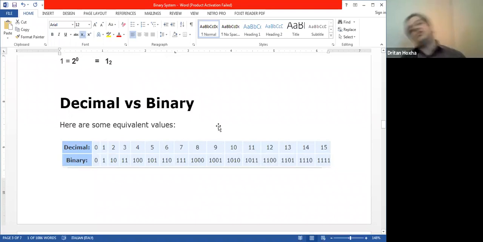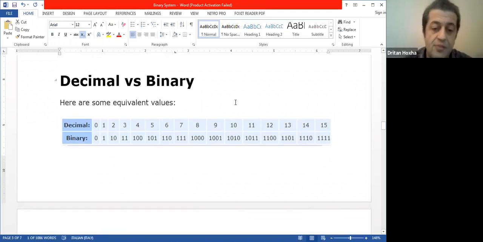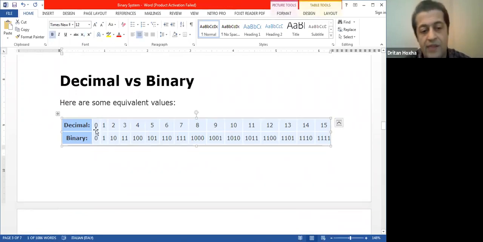So let's compare the decimals and binaries in this table. In the decimal, we have 0, which is 0 in the binary. 1 is still 1. The number 2 in the decimal system is 1 0 in the binary system, because we have 0 ones and 1 two, so only 2.